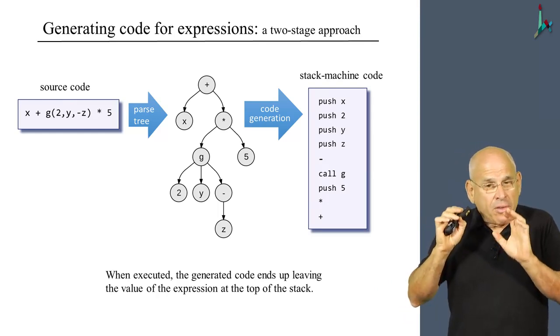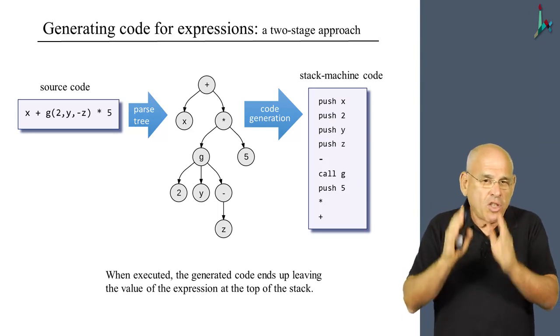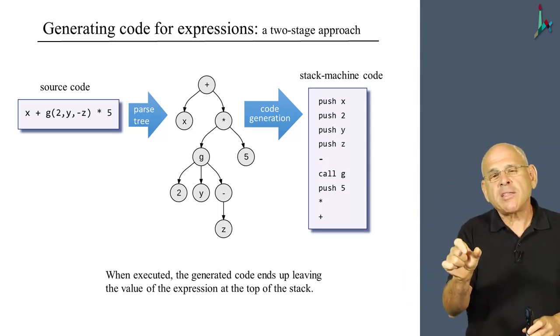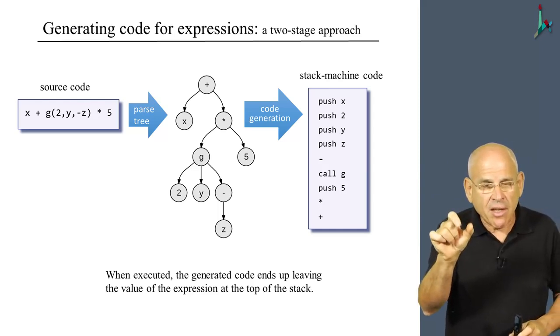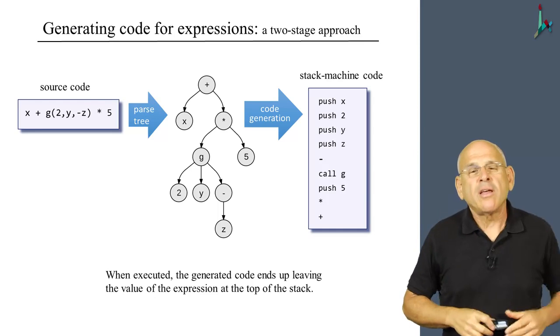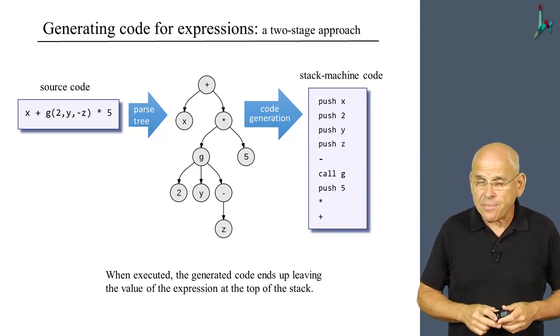Now, if you're not convinced, I suggest that you stop the tape right here and go through the stack machine code and convince yourself that this code will end up computing the code that we started with, the source code on the left.